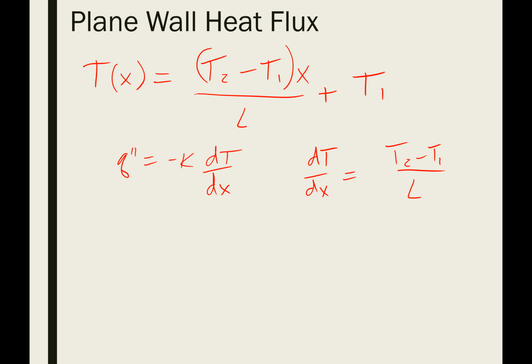So our flux in the x direction would just be equal to minus k times this delta T over L. Again, this only applies to a plane wall with those specific assumptions. It wouldn't apply if there was even some slight change to those assumptions. This equation wouldn't necessarily apply, but in this case it does.